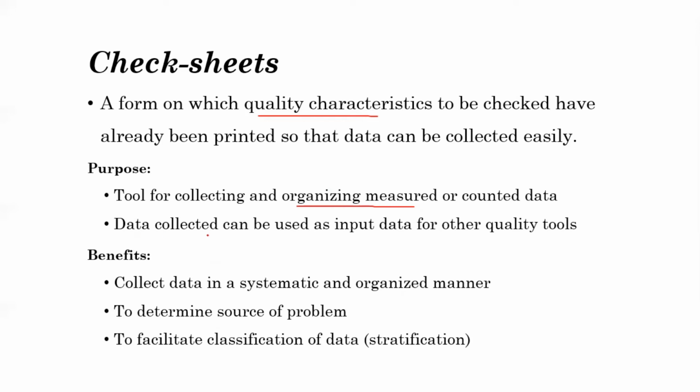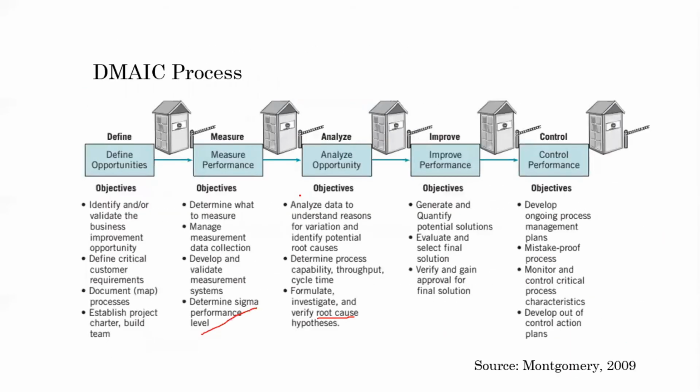So data collected can be used as an input for other quality control tools. Here, the check sheet does not tell you anything about the process, but rather it would enable you to systematically study the process. So remember the problem solving steps. We said you define the problem, then you measure.